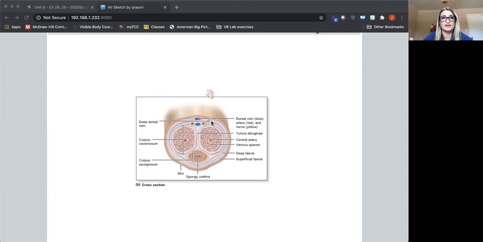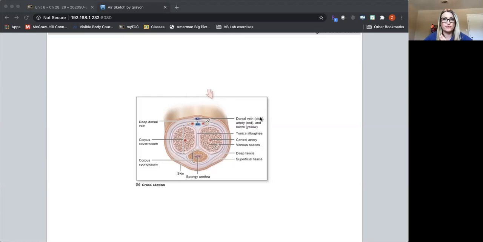Essentially, the blood is getting trapped in these erectile bodies during the excitement phase. There is a parasympathetic innervation that releases a vasodilator, and this is going to help with bringing the blood in.